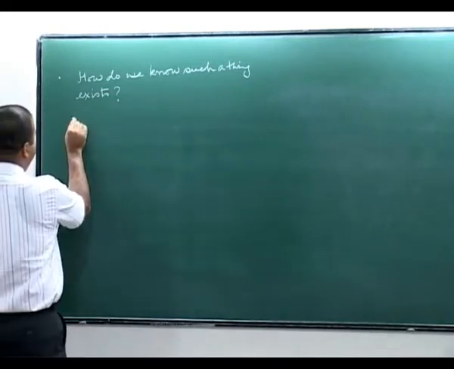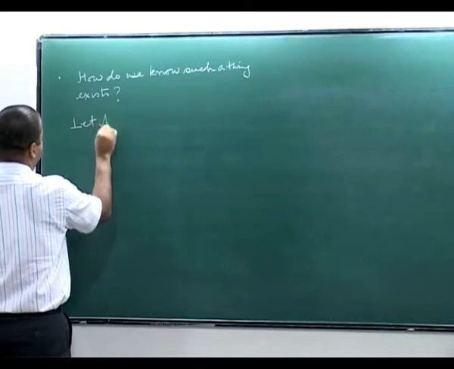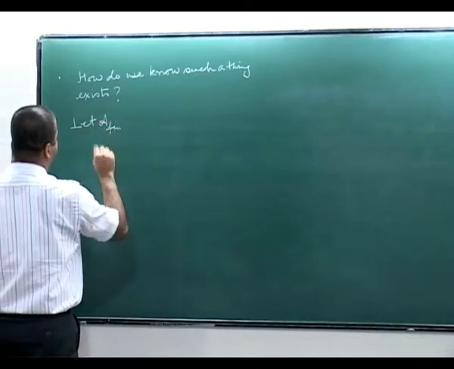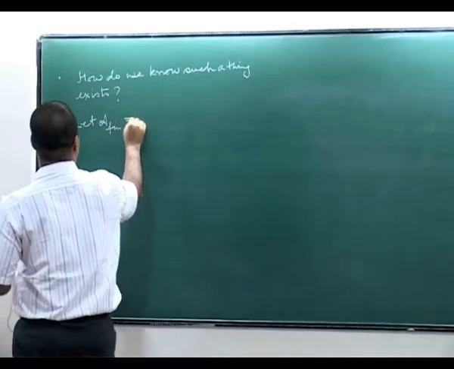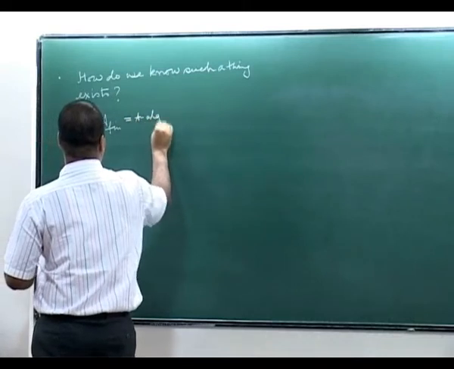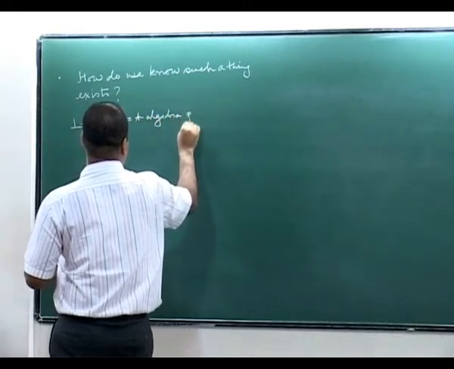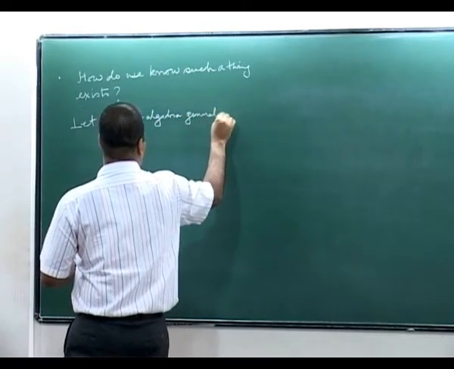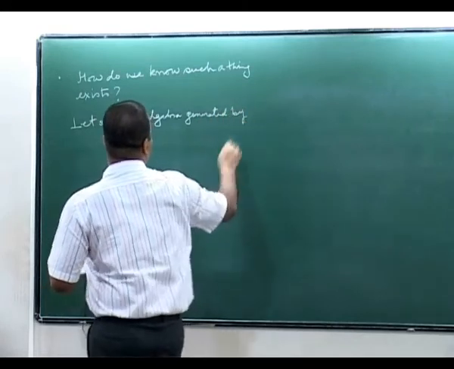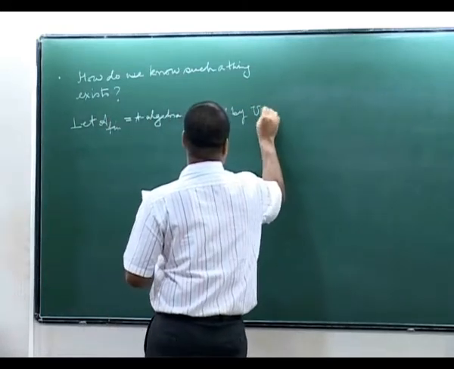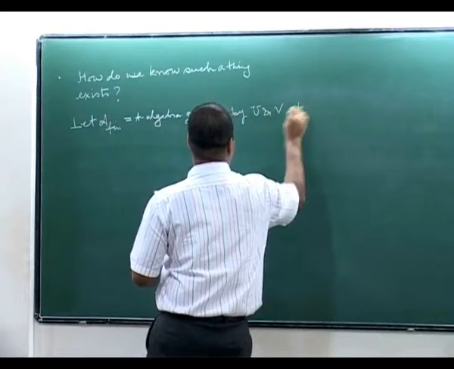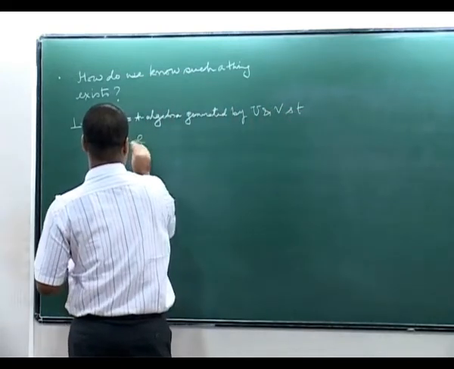One first produces a star algebra generated by U and V such that that relation holds.